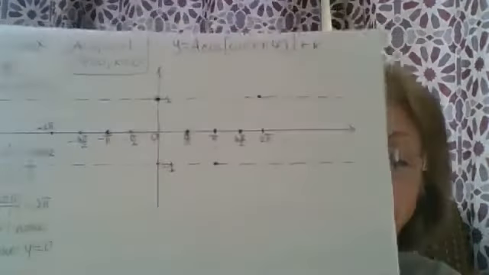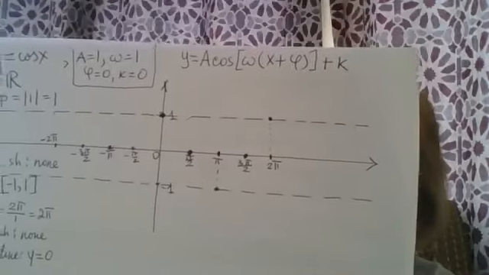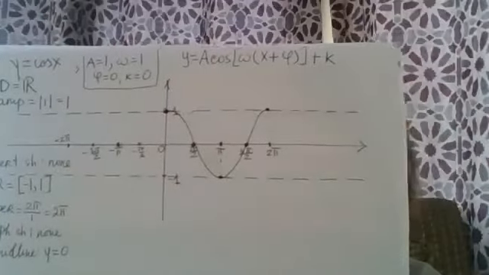And at 2 pi, which coincides on the circle with x equal to 0, we have another maximum. I showed all these points. And now I'm going to connect these points with a very smooth curve coming down to the x-axis, to y equal to -1, running back to the x-axis, and voila, this is my graph in one cycle.